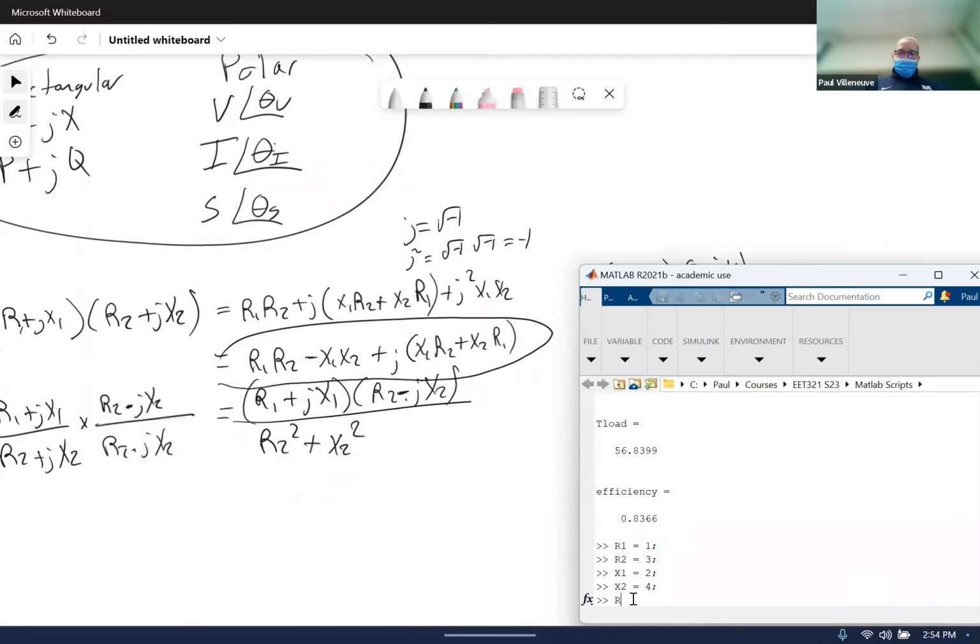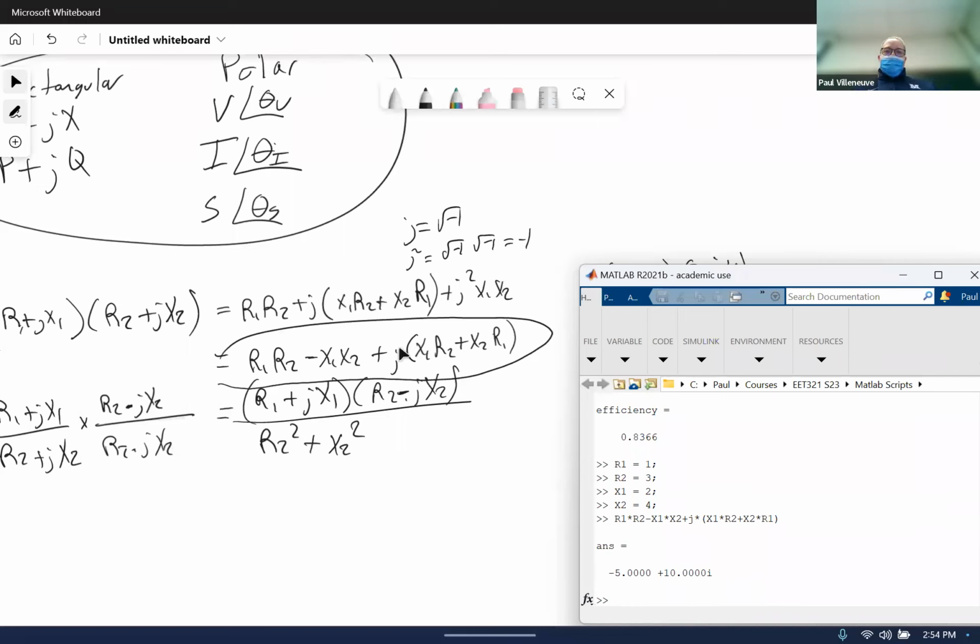So now I'm going to go R1 times R2, so that's the first one, minus X1 times X2, plus J times X1 R2 plus X2 times R1. I got -5 plus 10j, okay? If I did the calculations this way.